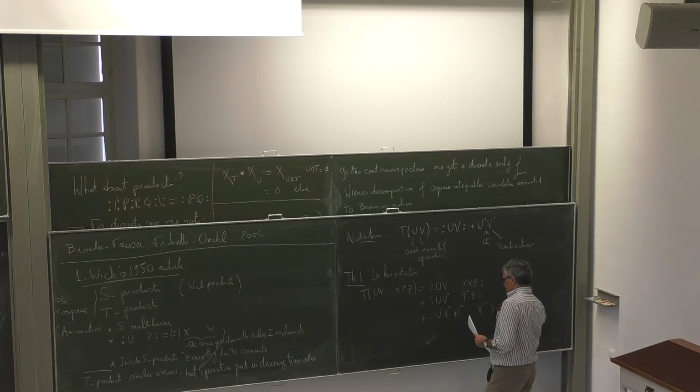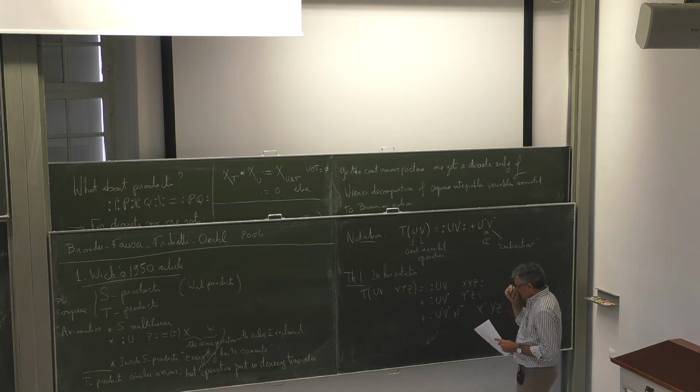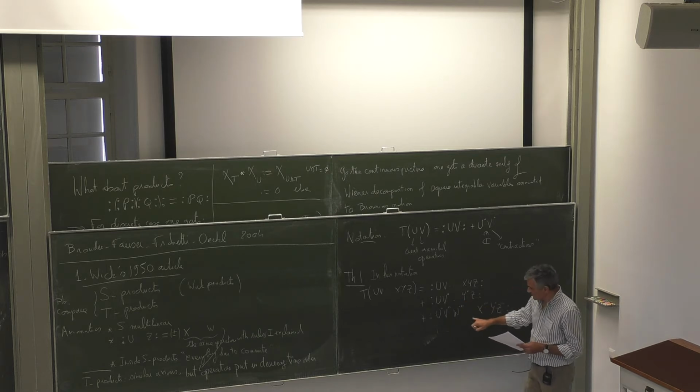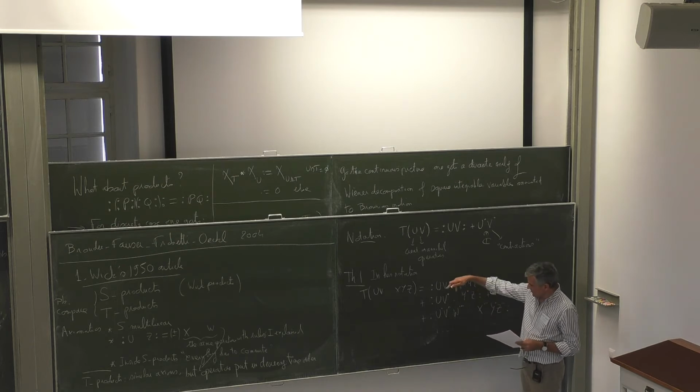What his notation means is that you start from the normal ordered product of the operators, and then you create all possible pairings or contractions between two operators in the expansion. Sorry, I missed the term with contractions indexed by one dot and two dots. So here there will be a term with all possible pairings of elements in the sequence.